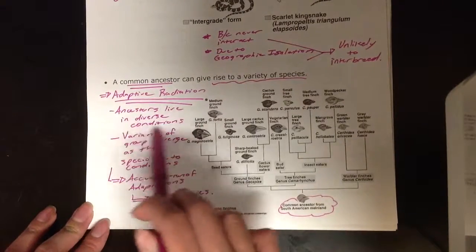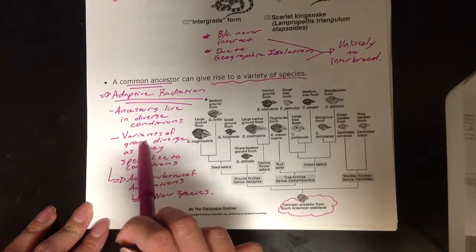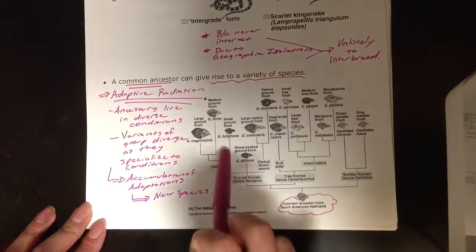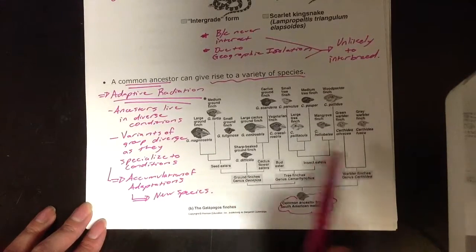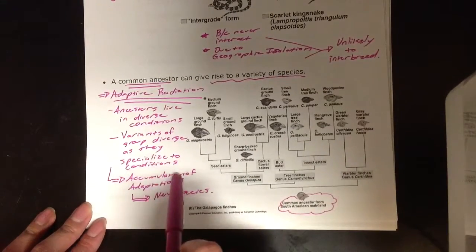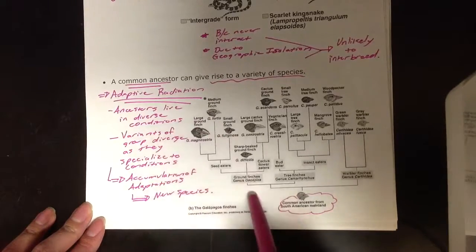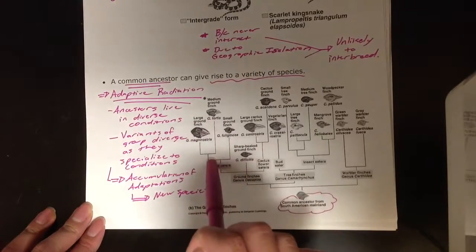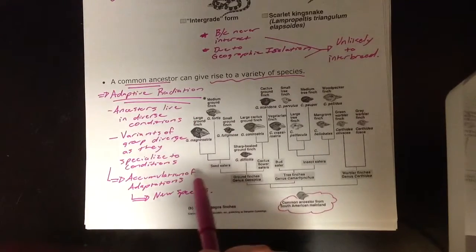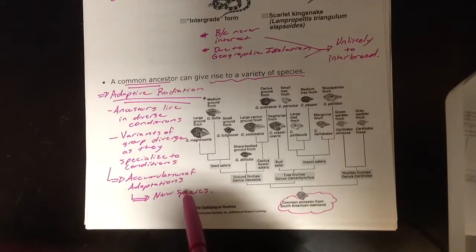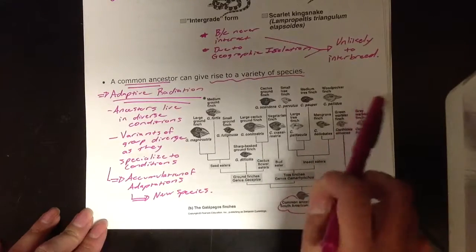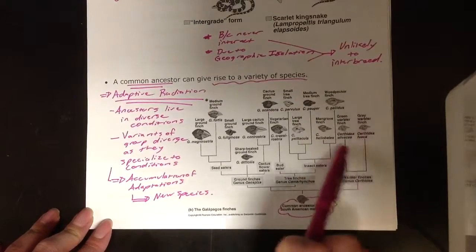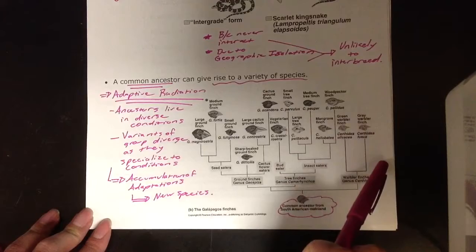Because of the different conditions, the variation among that common ancestor diverged, moving off into different subgroups as they specialized to their conditions, such as having a larger beak. Well, you moved to the area with these larger nuts. There was less competition there for you to break up the shell and eat the seeds that were available. With a smaller beak, maybe you were more able to dig out certain bugs. So you moved to that area. It allowed you to have less competition, more food.